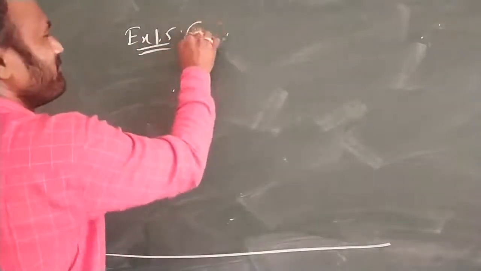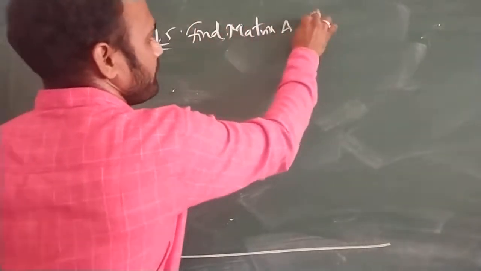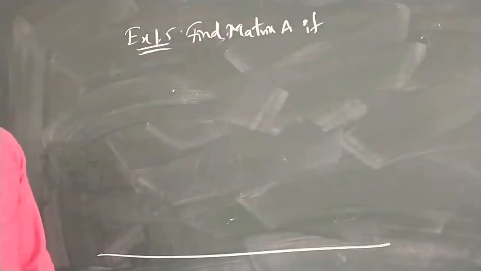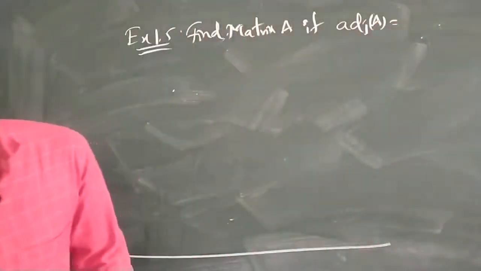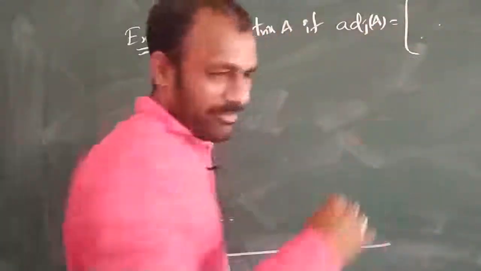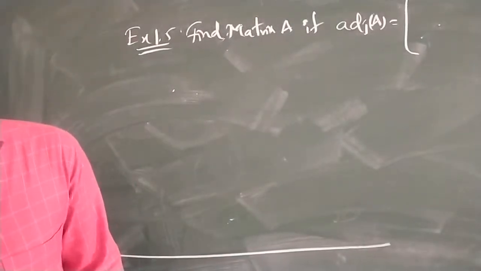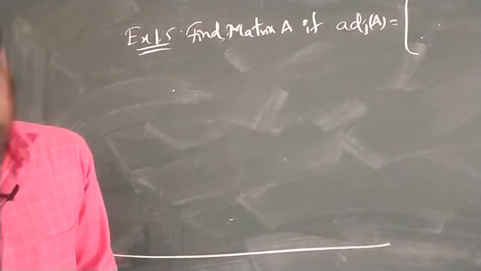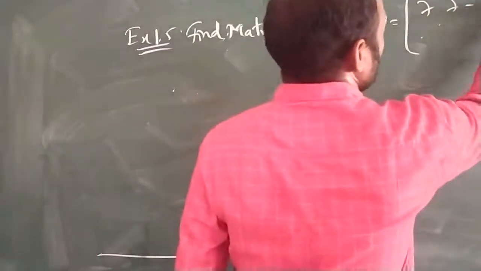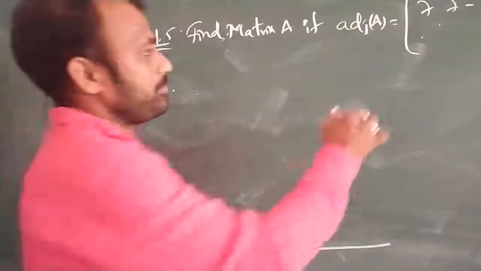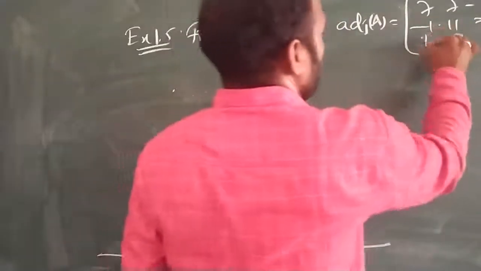Find matrix A if adjoint of A is given as 7, minus 7, minus 1, 11, 7, 11, 5, 7.